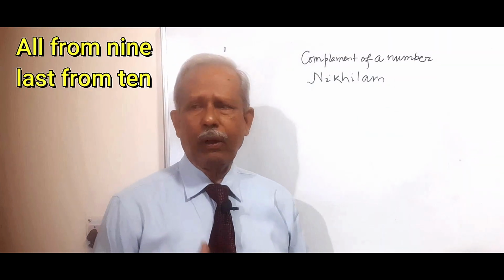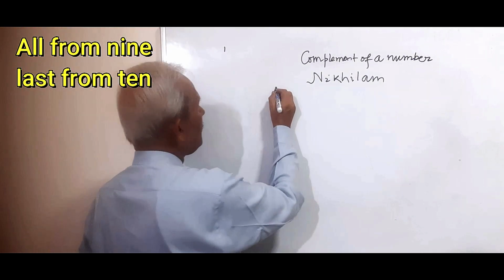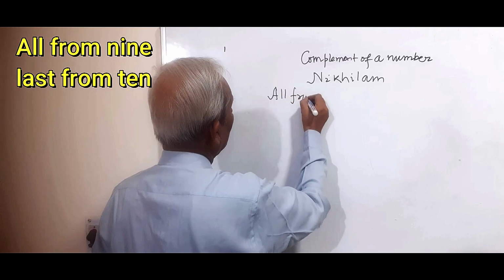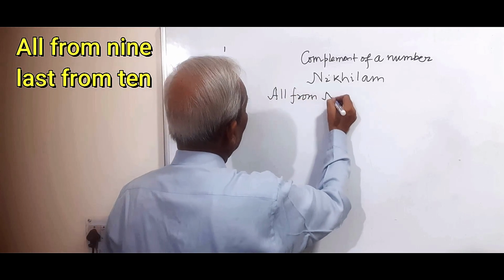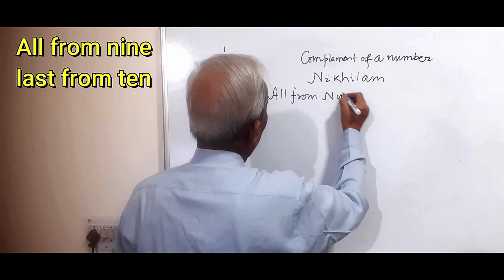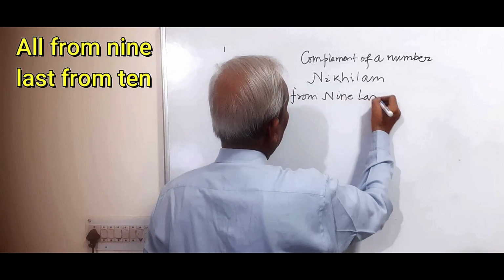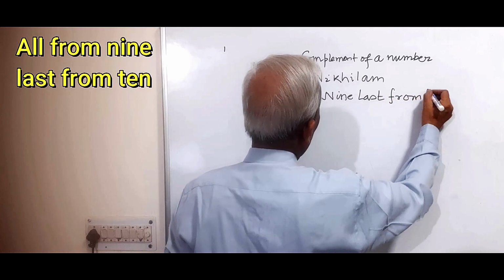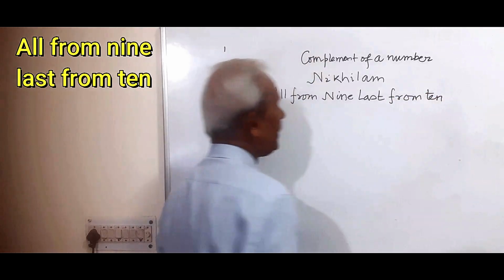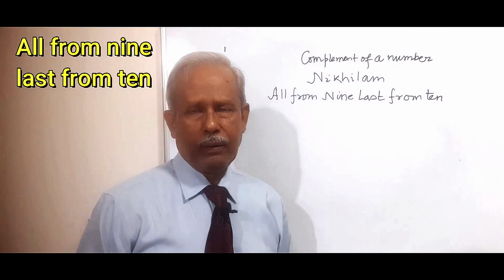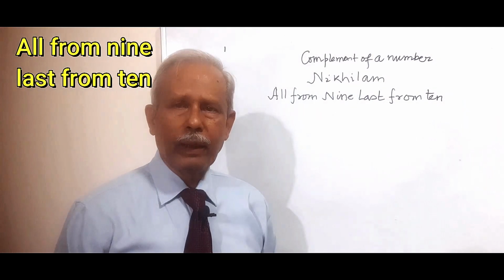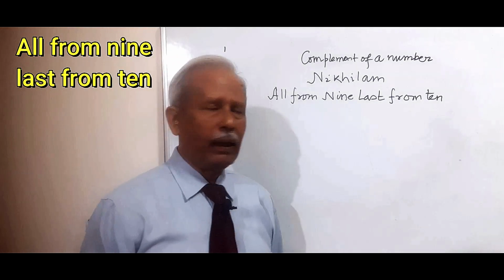In English we call it all from 9, last from 10. And remember that this is a very, very important sutra which will help us in doing many problems, many Vedic calculations. All from 9, last from 10.